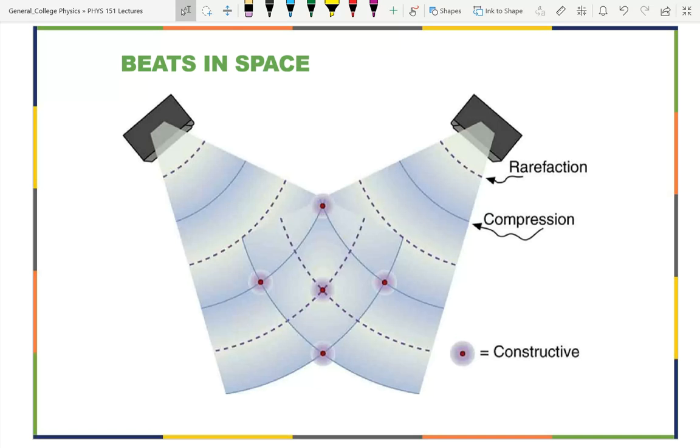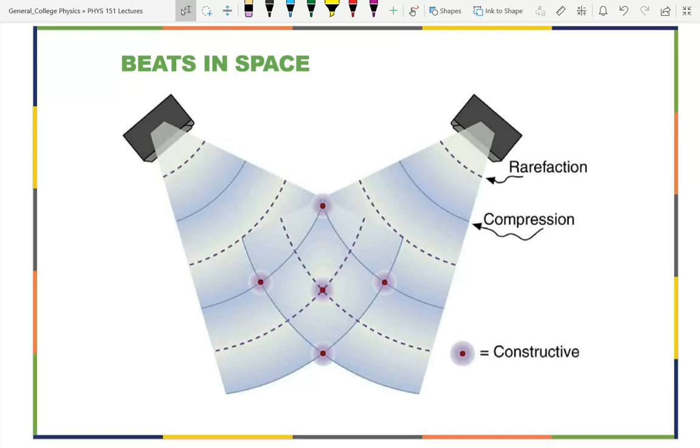And the reason is because you're different distances from the turbines. And with a different distance, you're going to be at a different phase for the sound waves being produced by the turbine.